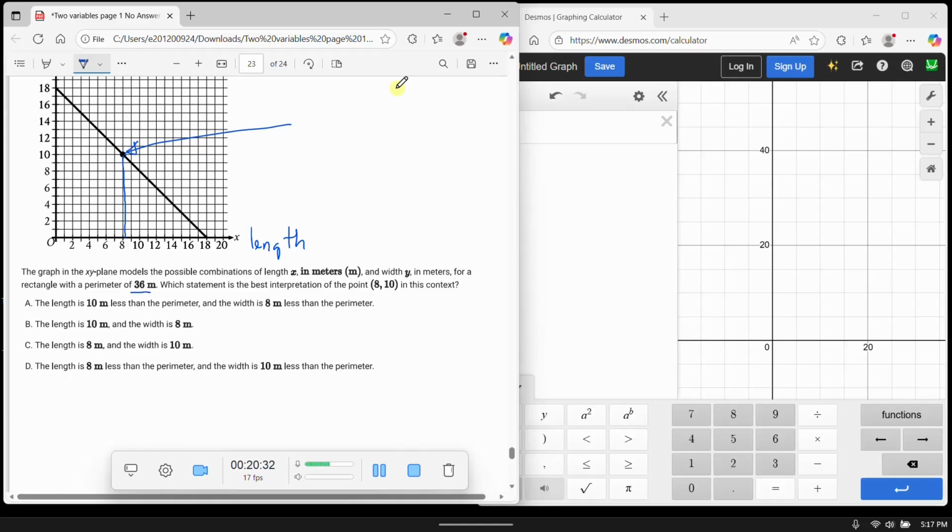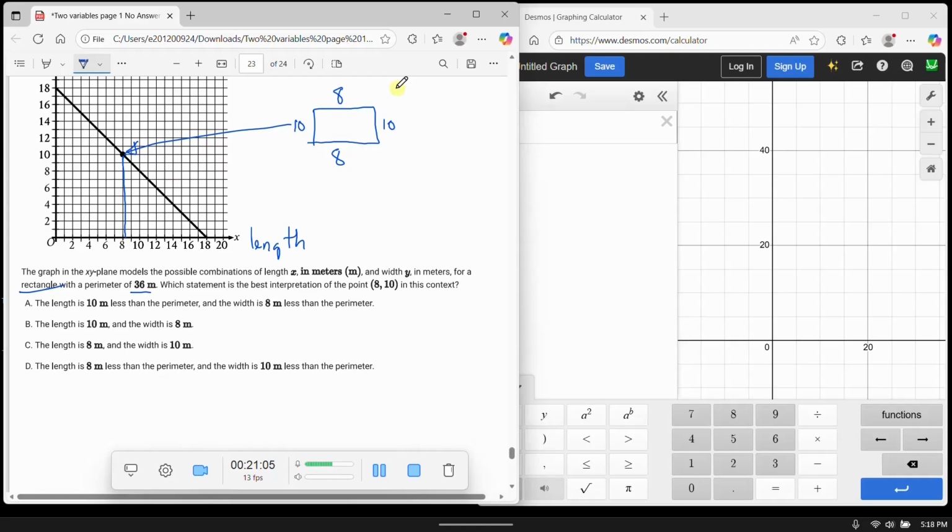Now the perimeter. So what is the perimeter? You add in all the sides. If you have a length, the other one must be the width. So if you try to find the perimeter of a rectangle, let's say the length is 8 and 8, and the width needs to be 10 and 10.